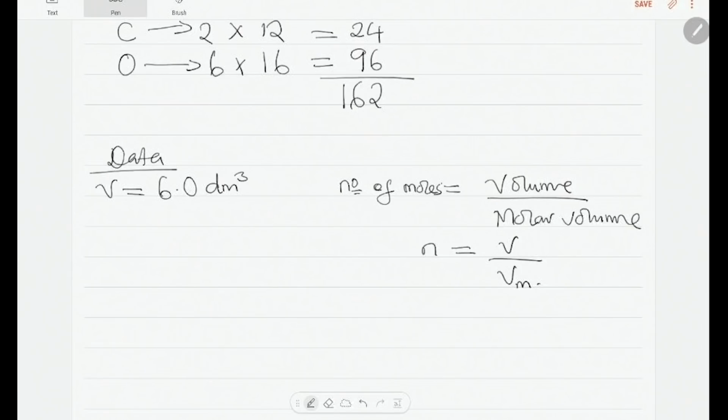Since we already have the volume, that is 6.0 decimeter cubed, we first of all find the number of moles.